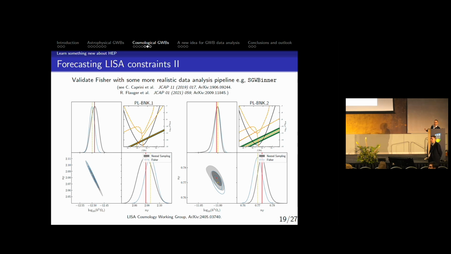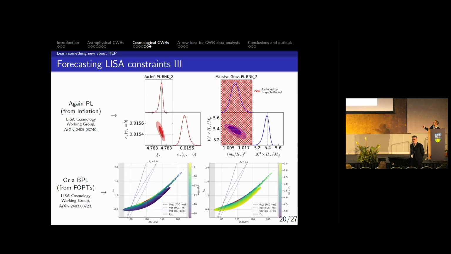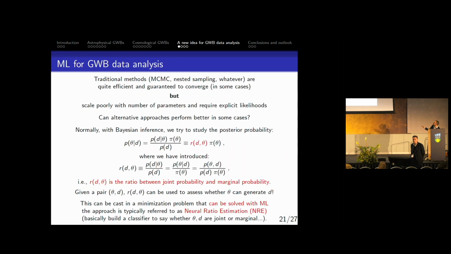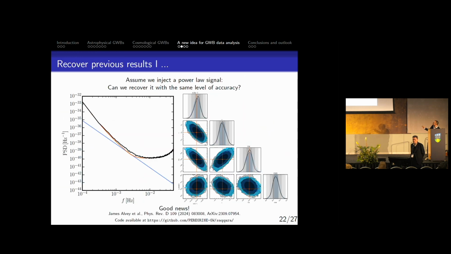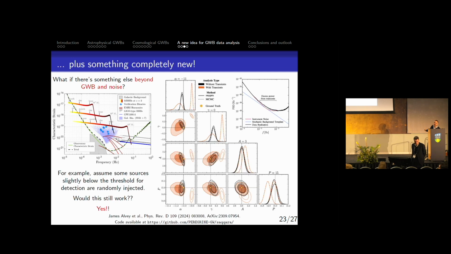So if you expect some extra contaminant to be there and you include it in your model, you're fine. It's just going to degrade the measurement, but it's not going to give you a bias. If you don't include the extra component, you end up getting a bias. It's more or less similar to what I was showing in this other plot. If you just run an MCMC pipeline and you don't account for the fact that there can be other contaminants, you do get a bias.